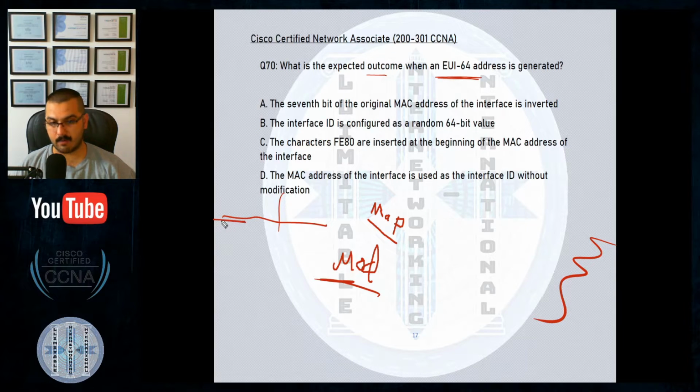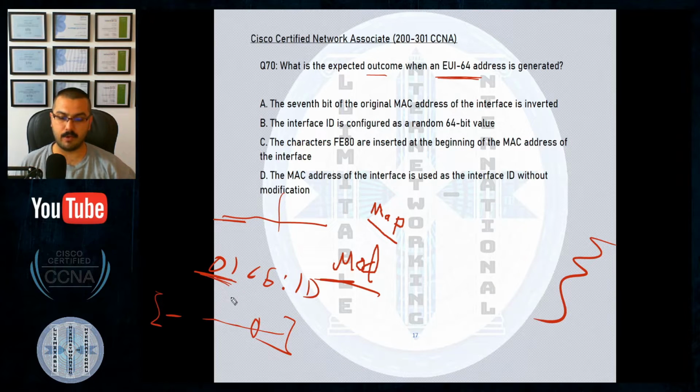Take the first half, for example 01CE:1D, take the first two hex digits and convert them to binary. They will give you 8 bits. Go to the 7th bit. If it was 0, convert it to 1. If it was 1, convert it to 0. Then reconvert it back to hexadecimal.